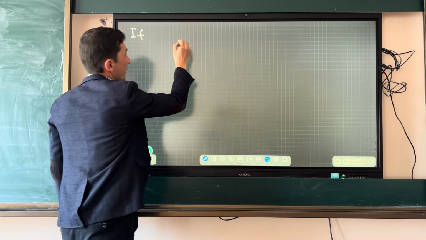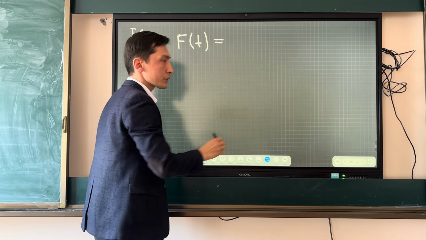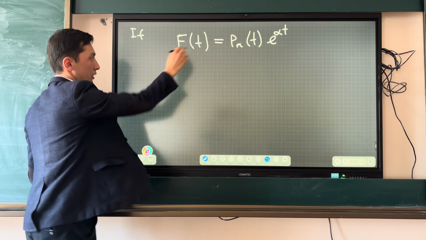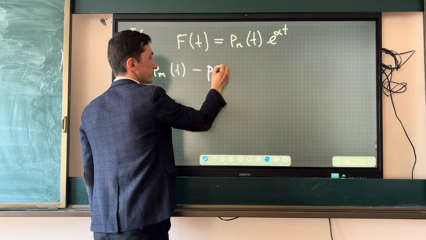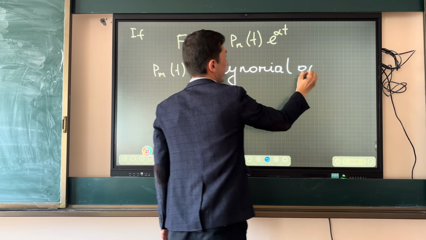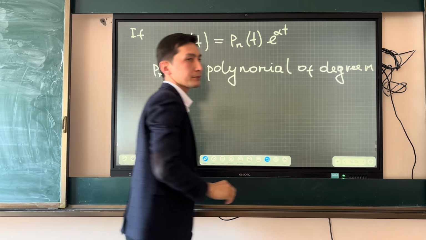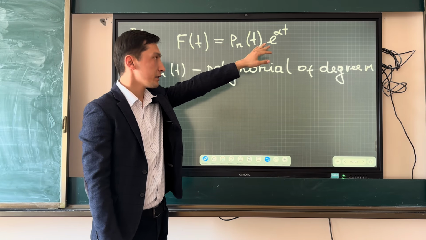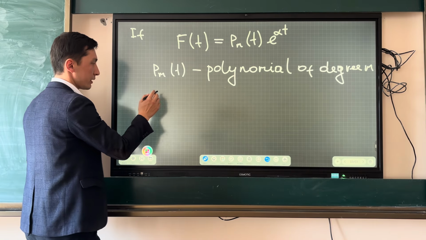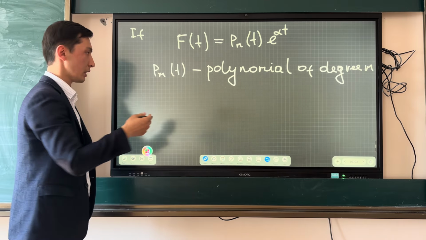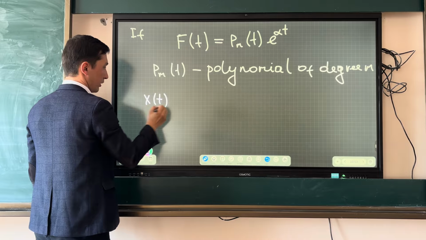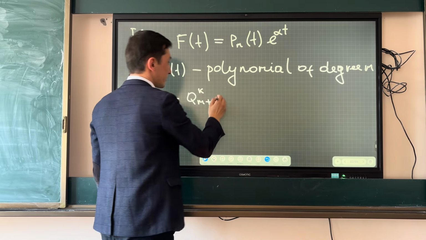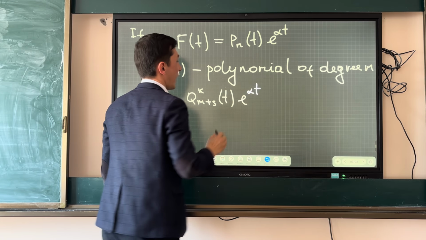If f of t equals P_m of t times e to the power of alpha t, where P_m is a polynomial of degree m, we can find the particular solution in this form: X particular of t equals Q of t times e to the power of alpha t.